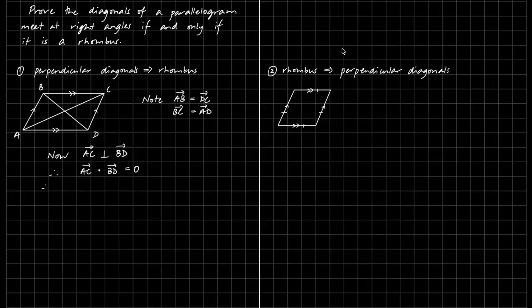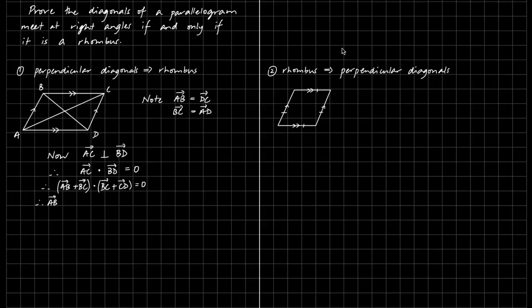Alright, so let's say the vector AC, if we were going to go around the outside, would be equal to AB plus BC. So that's an equivalent vector sum to the vector AC. And with BD, we could go BC plus CD. So expanding that all out, what do we get?